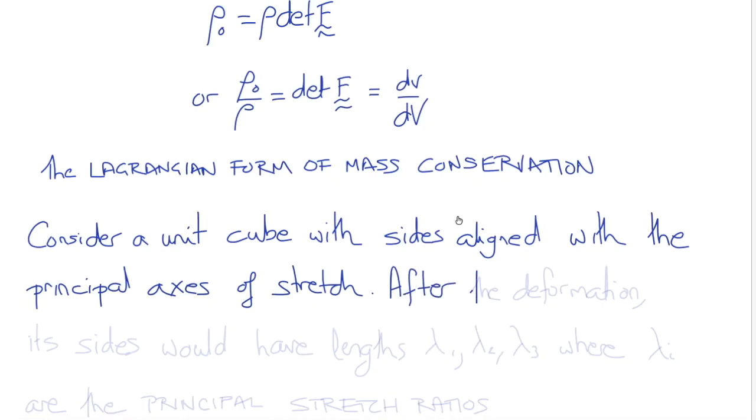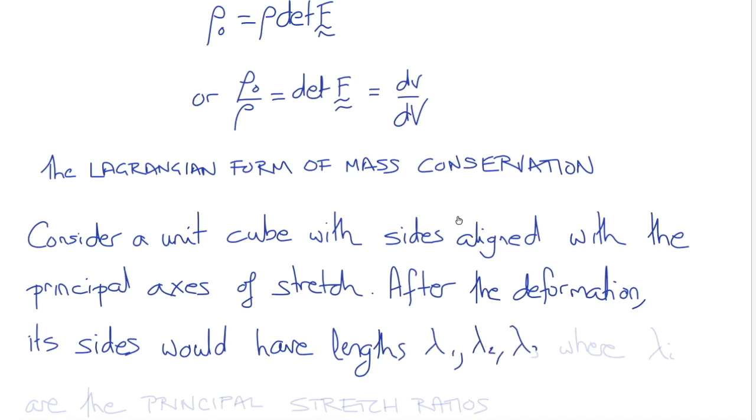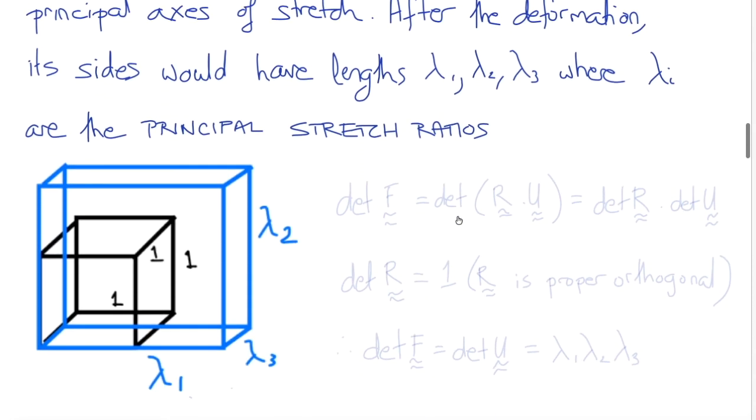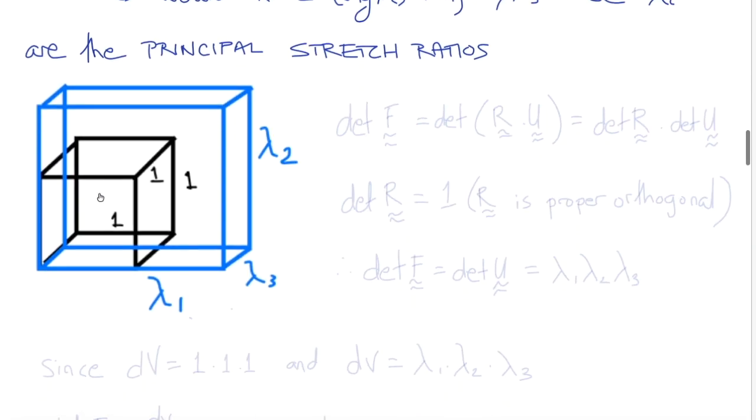After the deformation, the sides would now have lengths lambda 1, lambda 2, and lambda 3, which are the three eigenvalues of the stretch tensor U. So they are the principal stretches. So here we see that in this diagram. The original unit cube now has dimensions lambda 1, lambda 2, and lambda 3.